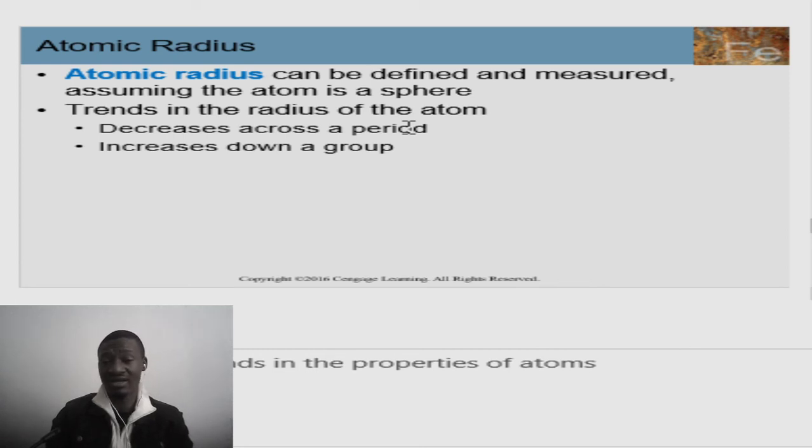An element like hydrogen has a small radius, and then when you go down, you see more. Then when you're going down, the radius will definitely increase.